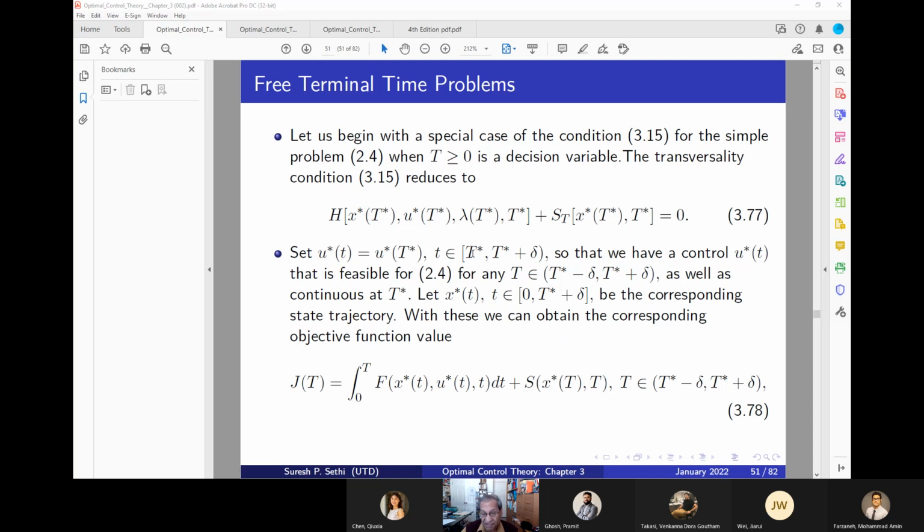If you decrease T star by a little, once again, the objective function value should be less than the value at T star. So for any value of T in T star minus delta to T star plus delta, I should be able to show that locally T star is optimal. If I increase, I suffer. If I decrease, I suffer.